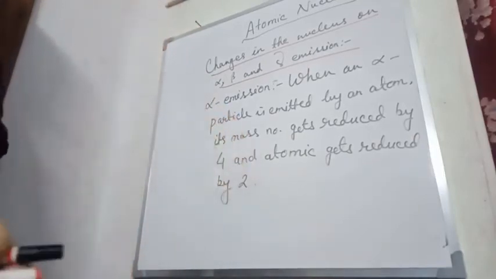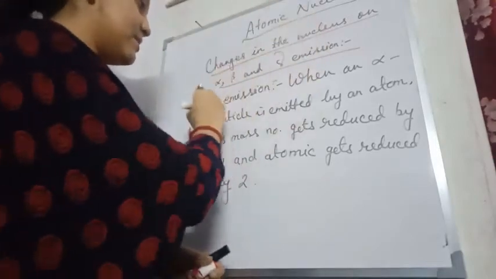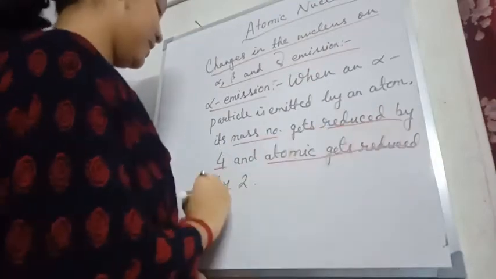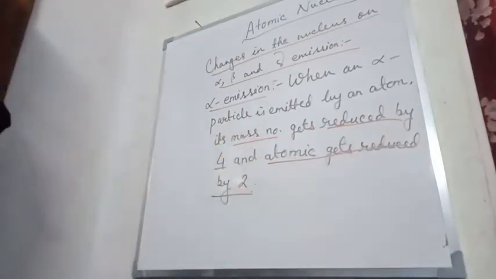This is the basic thing. When alpha particle is emitted, mass number reduced by 4, atomic number reduced by 2. We'll show this with an equation.